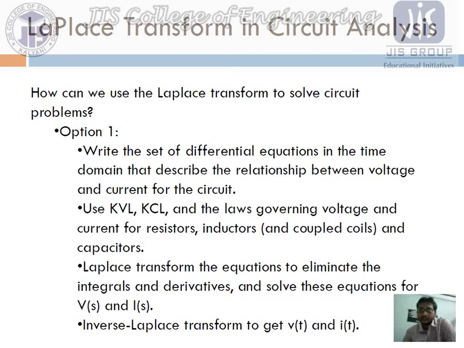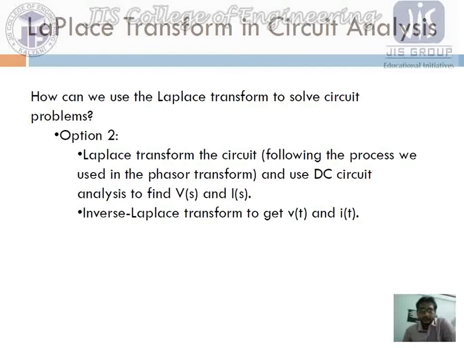Okay, so let's see how we can solve these types of problems. This is one method, and there is another method, which we can see in option 2. In option 2, we take the Laplace transformation of the circuit and use DC circuit analysis to find V(s) and I(s), and then again take the inverse Laplace transformation to get v(t) and i(t).